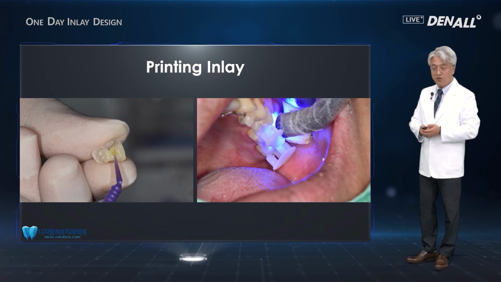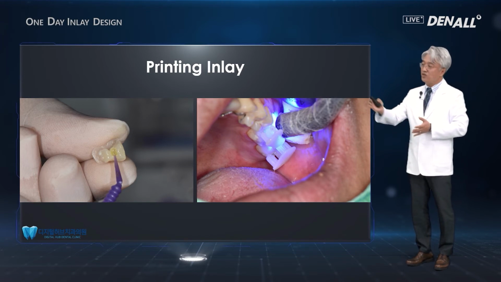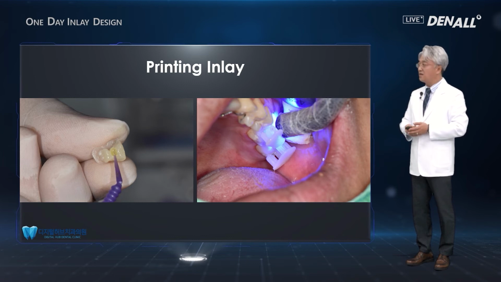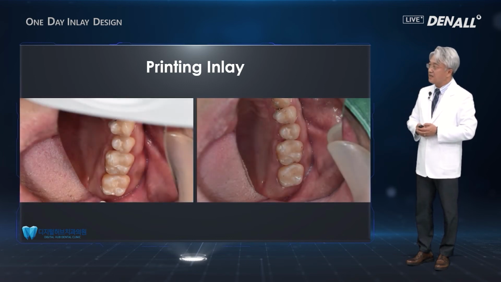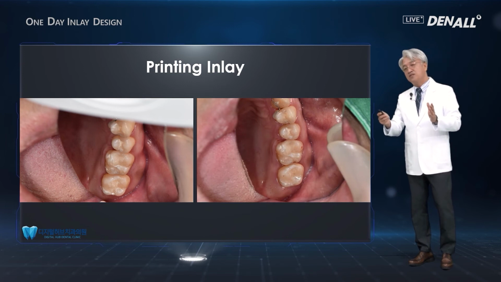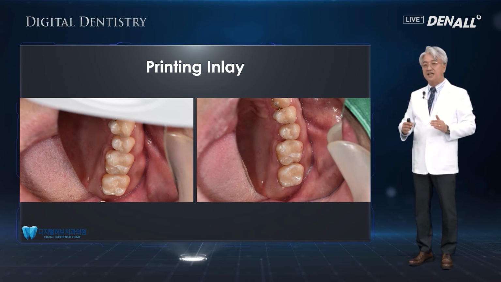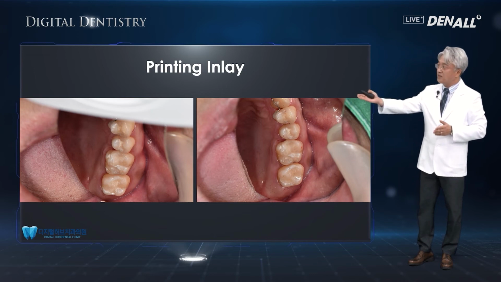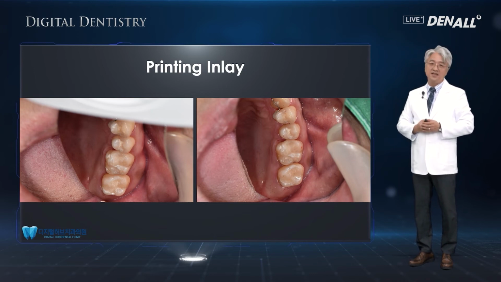And using resin bonding, the bonding was done, and using resin cement with the curing, it was set. Then the support and excess resin were removed and the occlusion was adjusted. Then this type of inlay can be made.